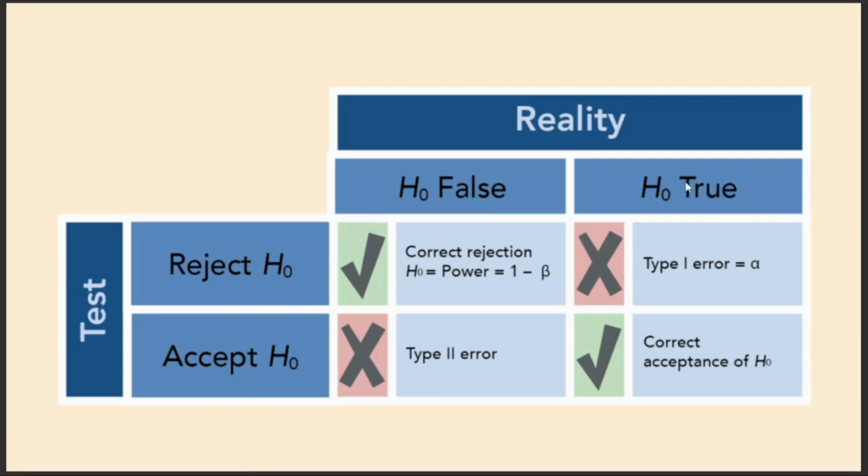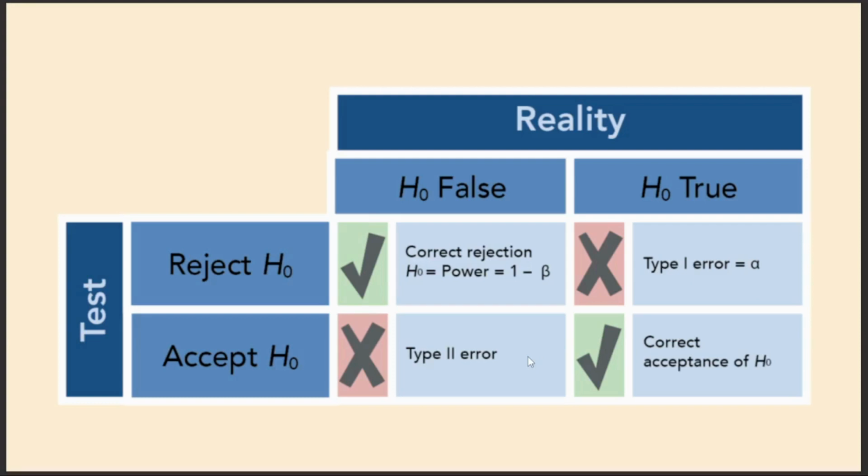And if the null hypothesis is true and we accept it, then it is a correct acceptance of the null hypothesis. Okay, so we see two correct cases and two wrong cases. The first wrong case is called the type 1 error, where we reject the null hypothesis even when it is true. And next is the type 2 error, where we accept the null hypothesis when it is false.